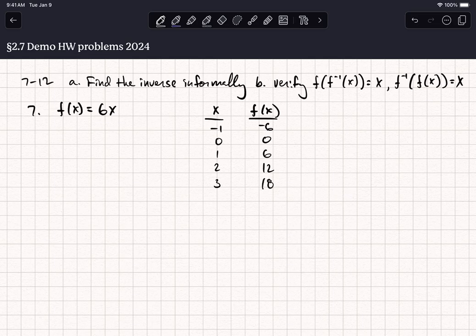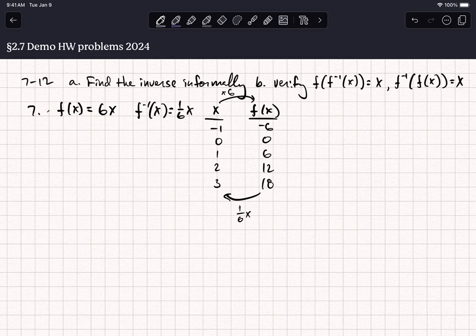So to go from x to f of x, I'm multiplying by 6. And to go back from f of x to x, I'm dividing by 6. So I'm going to say my f inverse is 1 over 6x.